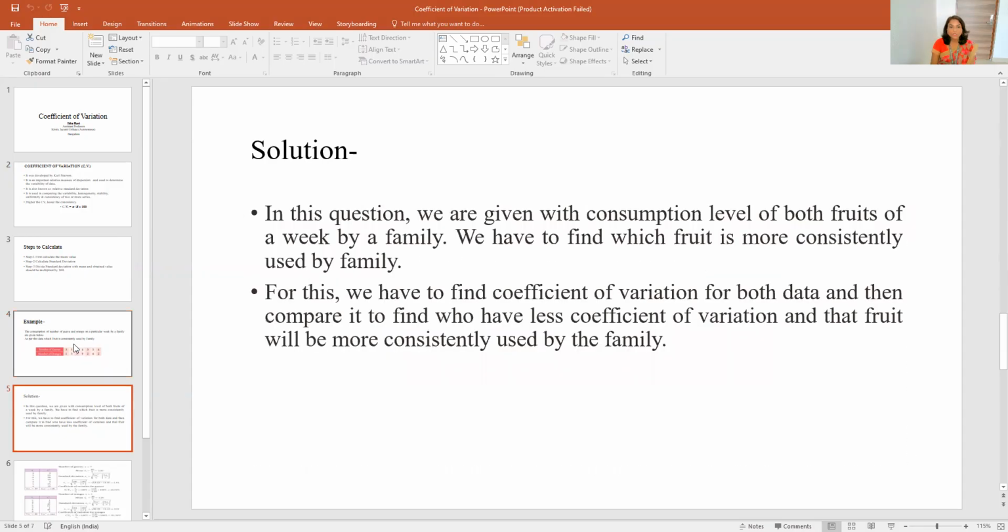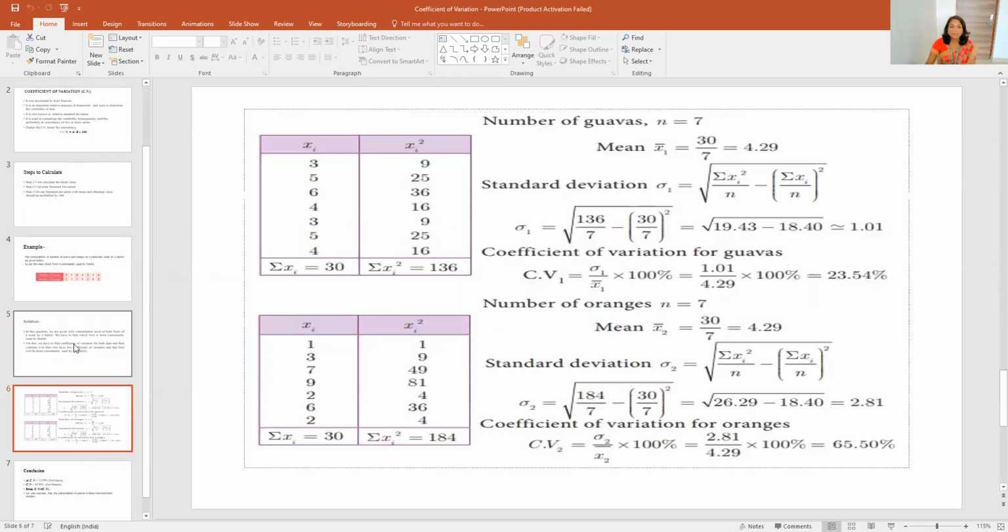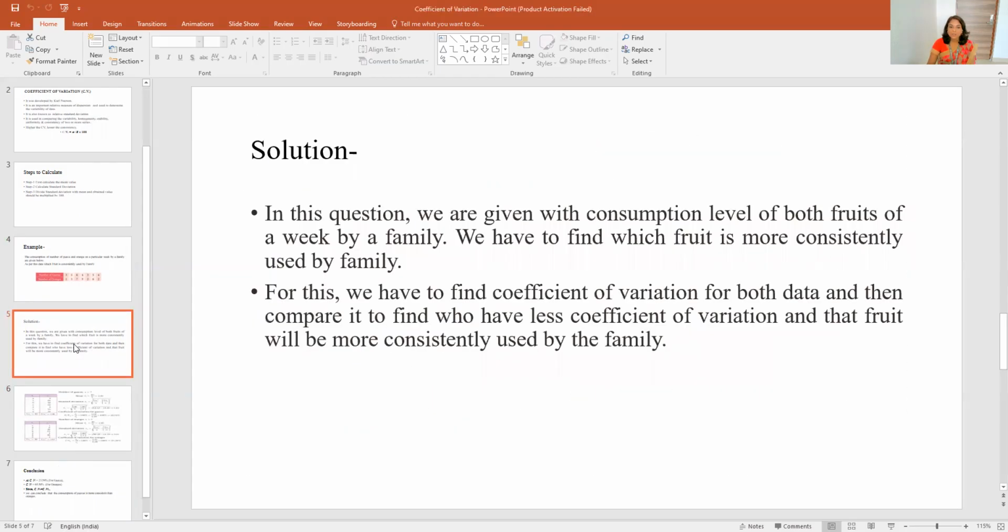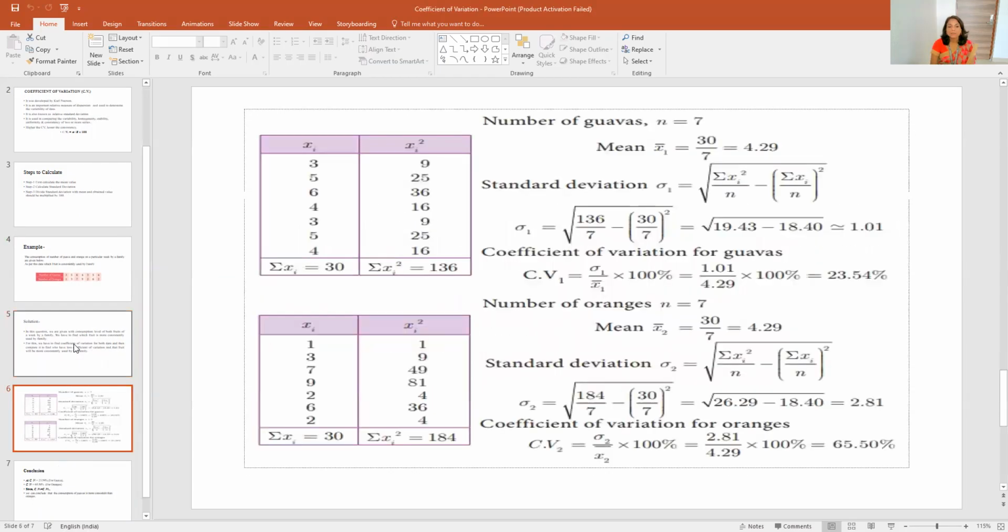Coming to this question, the first, guava, I have considered as X, and for orange it is Y. The X values they have given for guava are 3, 5, 6, 4, 3, 5, 4. First we need to calculate the mean.